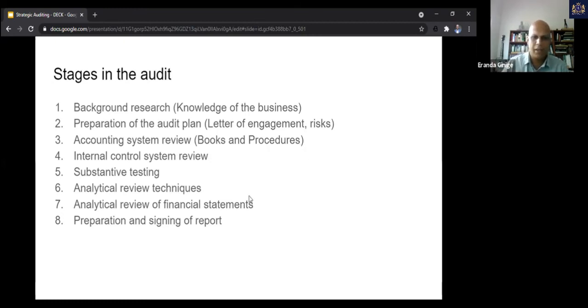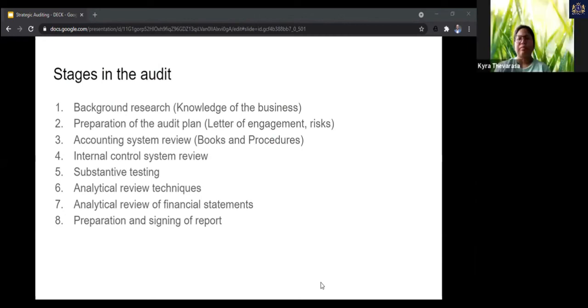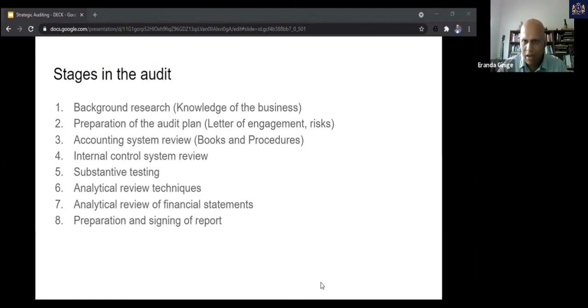First important thing that any auditor would do is to do a thorough background research, right? And I mentioned this earlier as well, but they will need to have an understanding about the industry, the company's history, what are the current challenges, the present situation of the company.